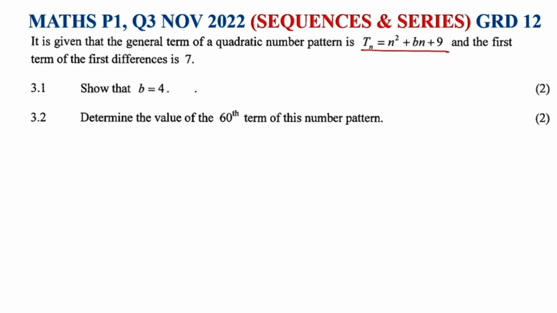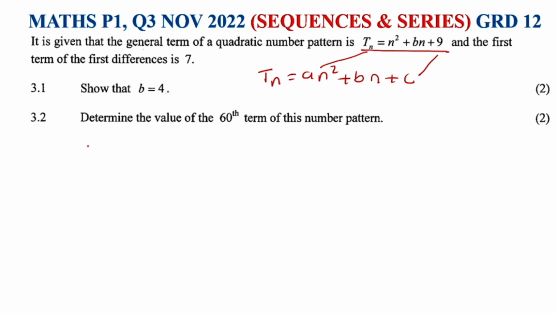The general formula of a quadratic pattern is given by Tn = an² + bn + c. In this case, c is given, b is unknown, therefore a should be equal to 1.